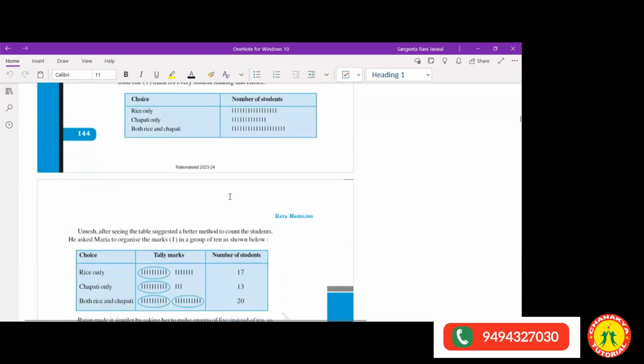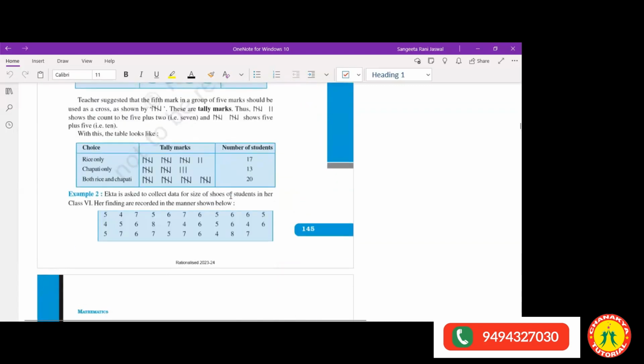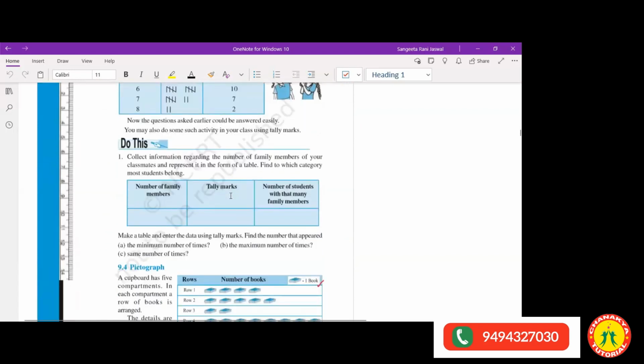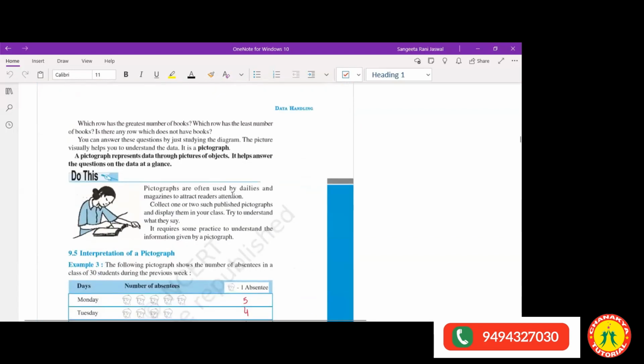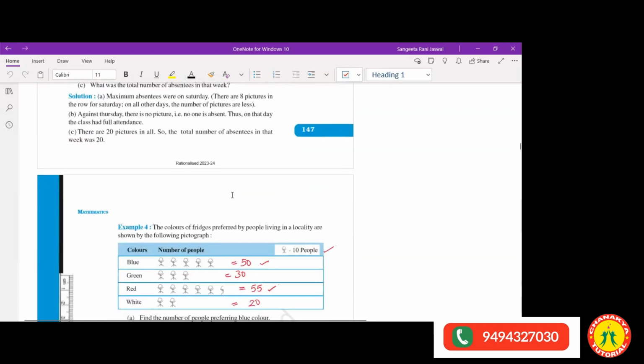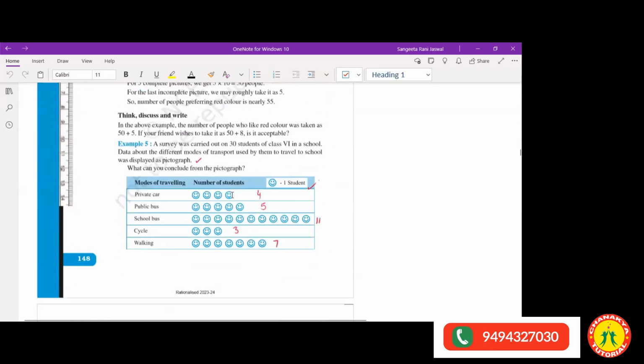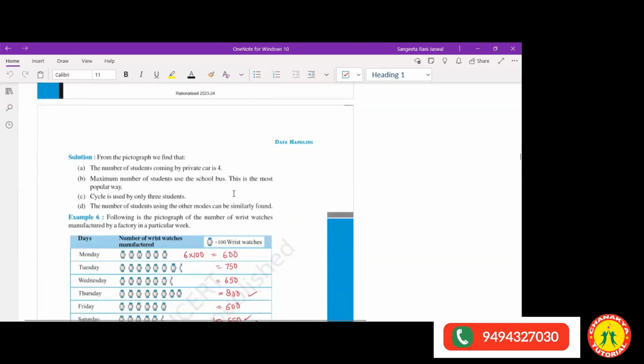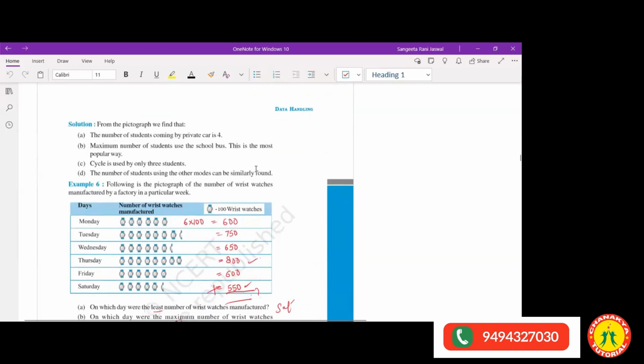Ma'am, it is a method of organizing the data in numbers. Very nice. Very good. Exactly. You're very close to the statement. Okay, it is organizing the data. And organizing the data can be done in many different ways.